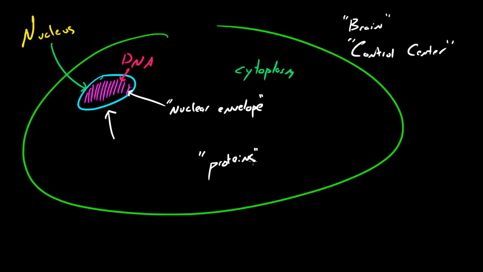And proteins do a lot of different things throughout your body. And what this cell right here does depends on the action of the proteins that it creates. So that's why people say that the nucleus is indeed the brain or control center of the cell, because it's very important.